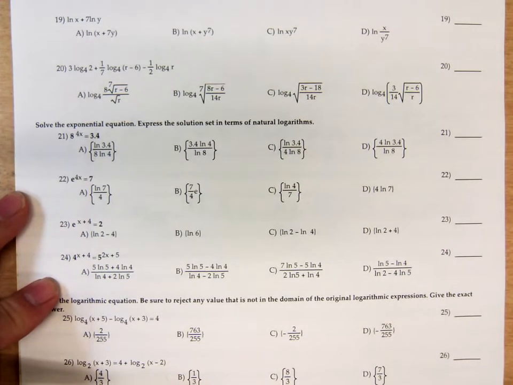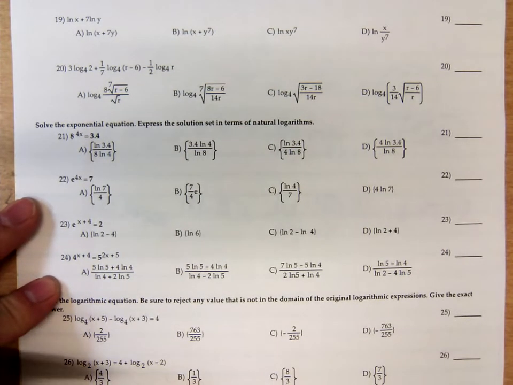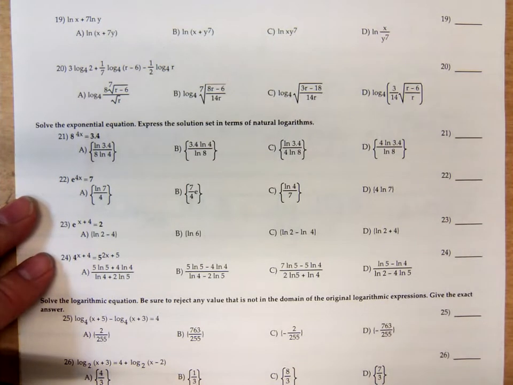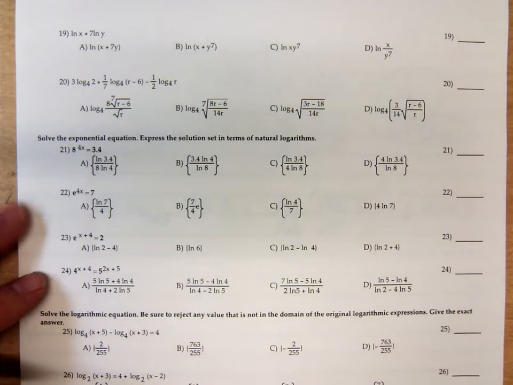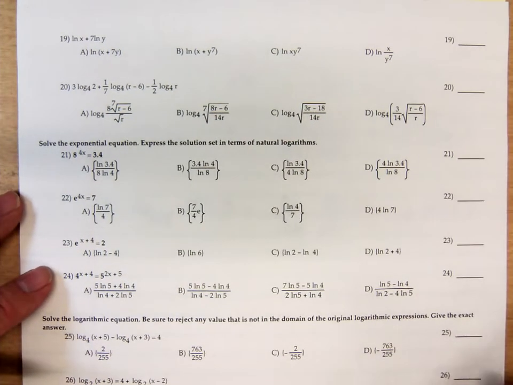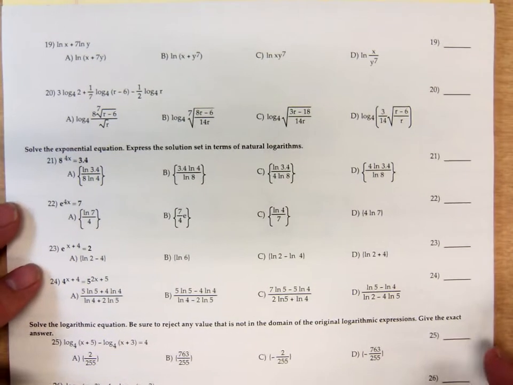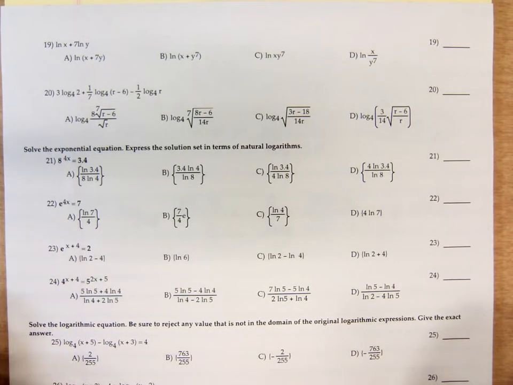Here it's not a problem typing it in because it's just paper, but realize on MyMathLab when you're typing it in, make sure you're typing an L, not an I. I've gotten dozens and dozens of questions from students over the years telling me, oh, MyMathLab messed up, it counted it wrong, when they know that it's right. And I look at what they've typed and I'm like, logarithms begin with L. That's a lowercase l, not a capital I. In general, on MyMathLab, you should never type a capital letter.